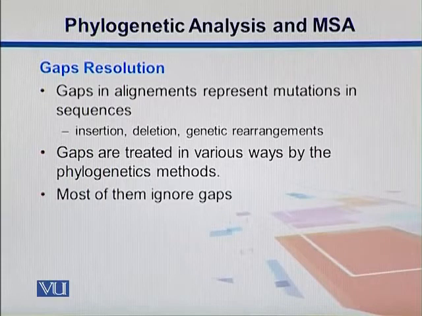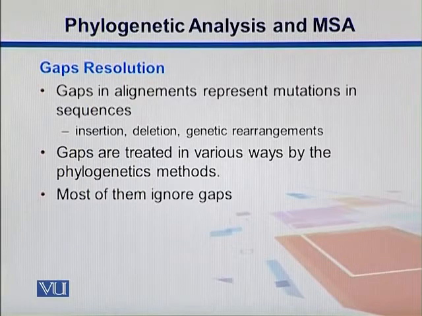We see a gap over there, which means that on the second strand or sequence there is a deletion. These gaps can also represent genetic rearrangements, where chromosomes and the genes present in them rearrange or shuffle themselves. So in this way, these gaps can incorporate those genetic rearrangements.